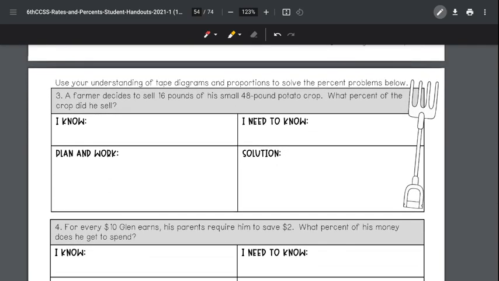A farmer decides to sell 16 pounds of his small 48-pound potato crop. So he sells 16 out of 48 pounds. What percent of the crop did he sell? I need to know what percent he sold.